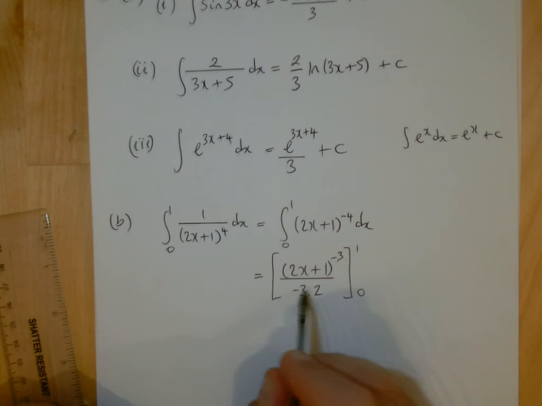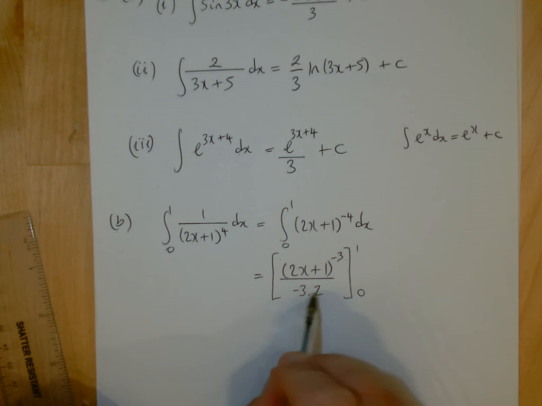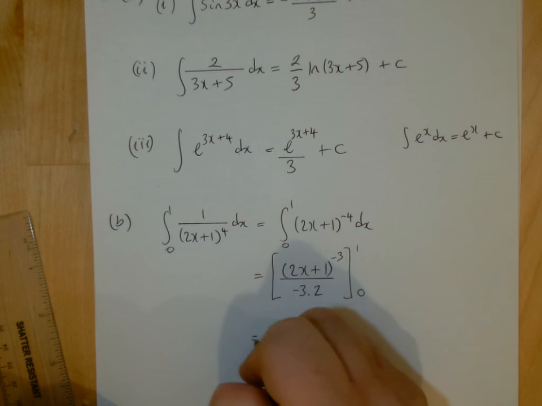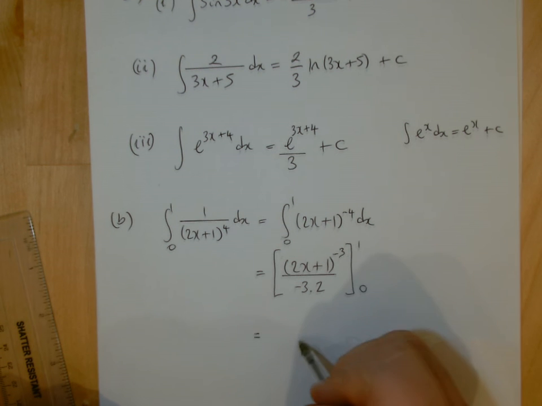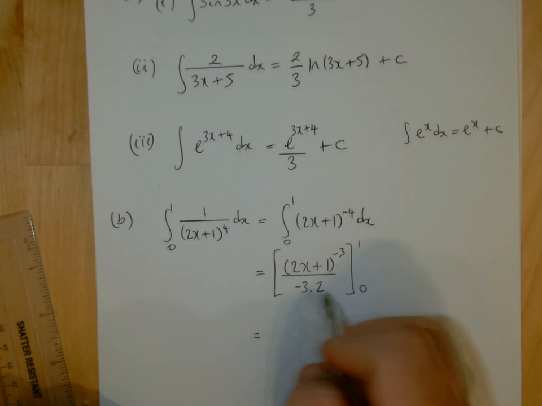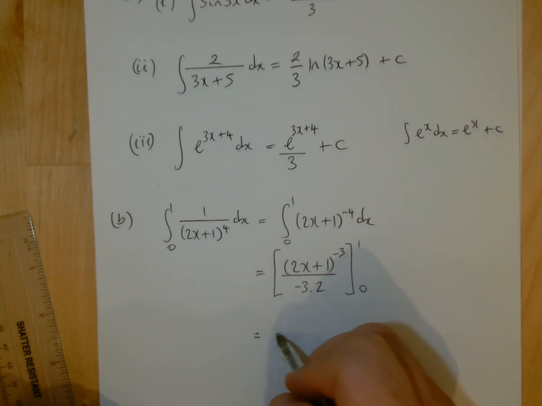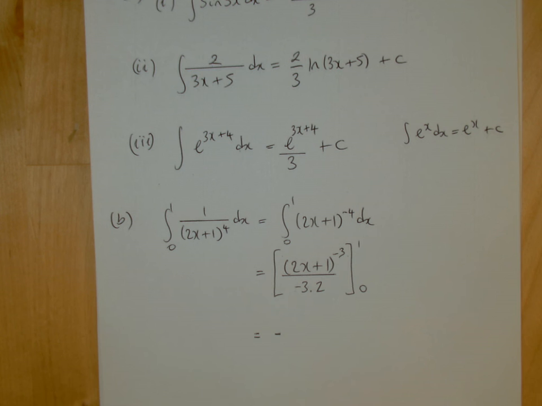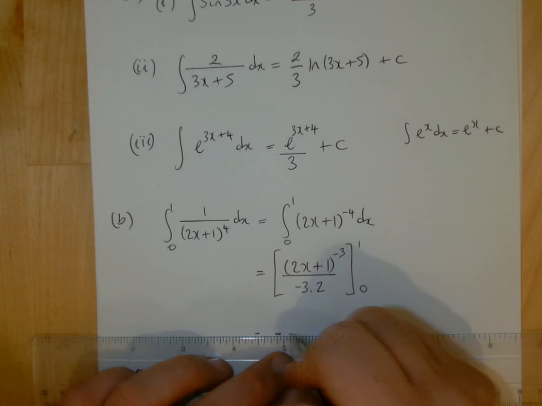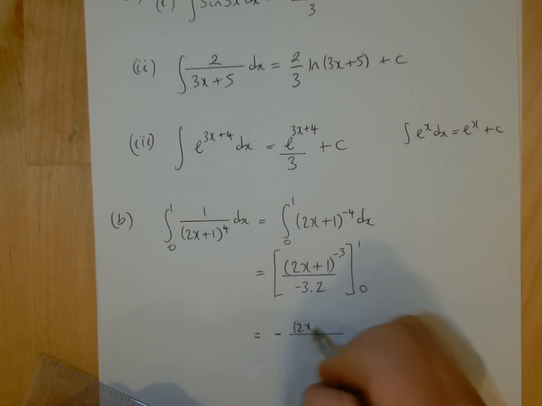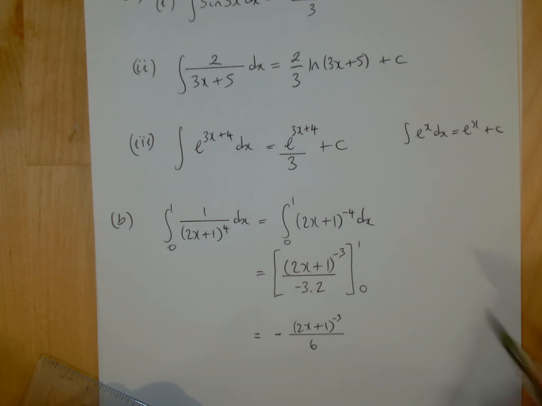Okay, now when you look at this here, you get a 6, don't you? Minus 6 on the bottom, so perhaps we can rewrite that as minus 6 on the bottom, so we put the minus in front. Six here, okay.